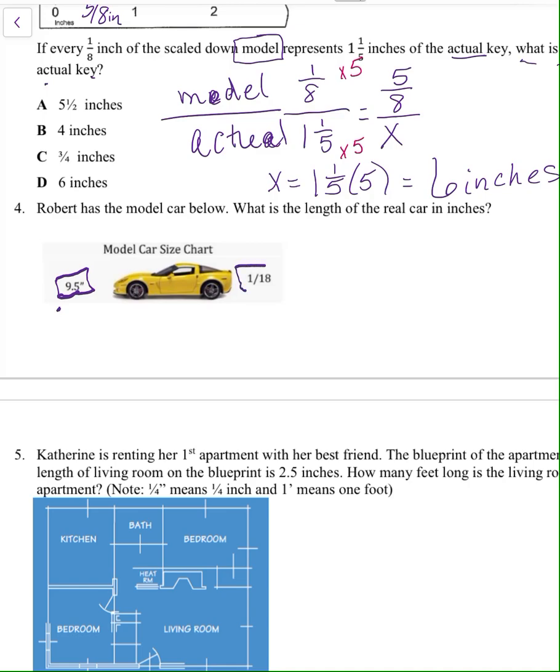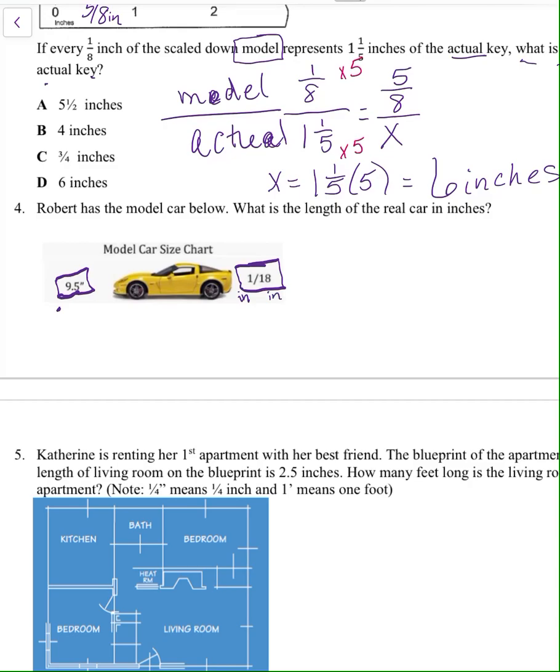And then right here gives us the scale factor, the ratio of the relationship between the real car and the model car. So which one do you think is the model car, the 1 or the 18? Well, yeah, the 1, because the car is smaller. And then the 18 is the real car. So 1 inch is 18 inches in real life.